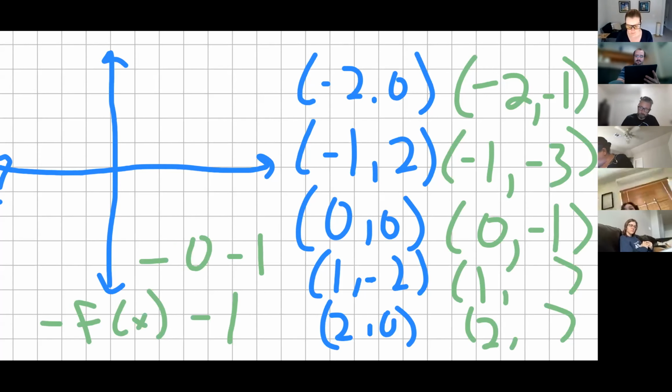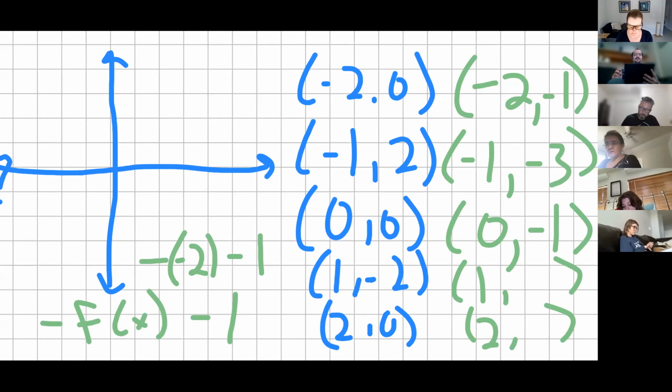Minus 2. So if I throw in a minus 2 into here, it's got a double negative now. So minus 2 becomes plus 2, and then I subtract 1. It's going to give me 1. And 0, if I plug 0 in, what am I going to get? Minus 1.